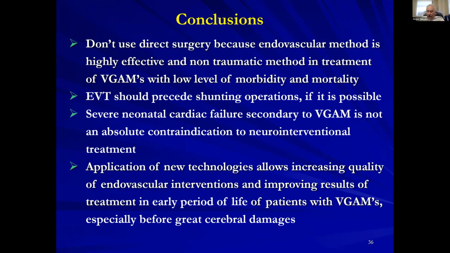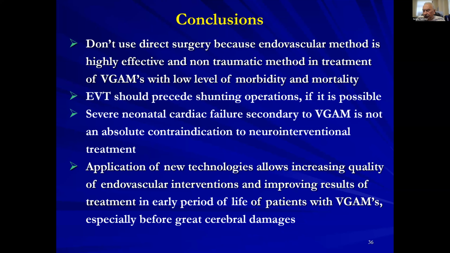In conclusion, our recommendation: do not use direct surgery, because the endovascular method is a highly effective and non-traumatic method in treatment of vein of Galen malformation with a low level of morbidity and mortality. Endovascular treatment should precede a shunting operation if it is possible.